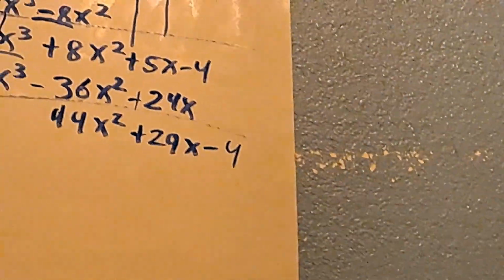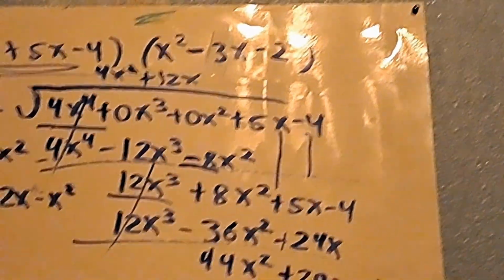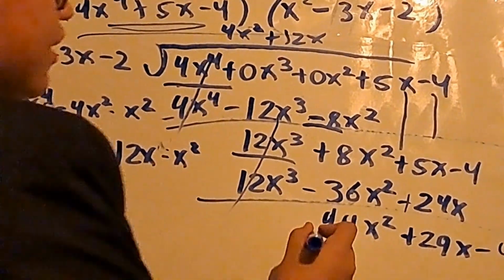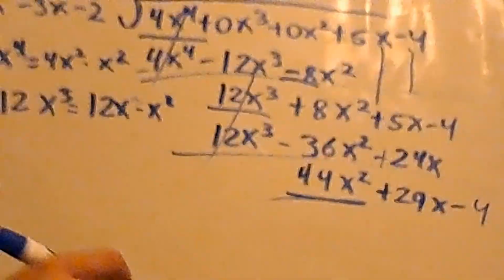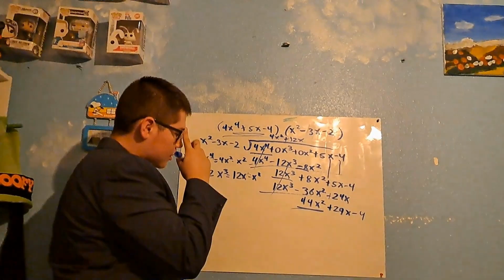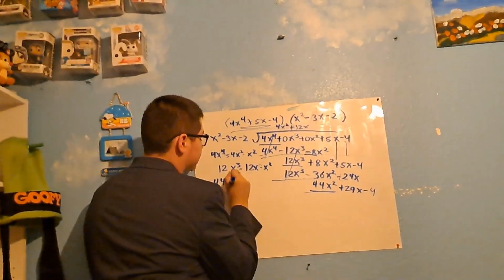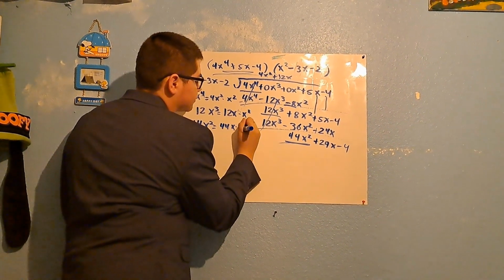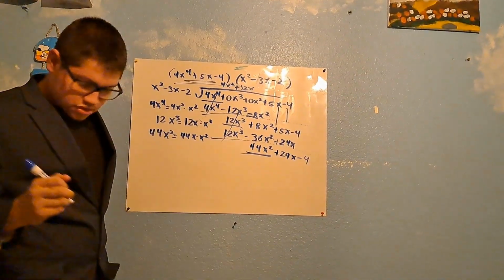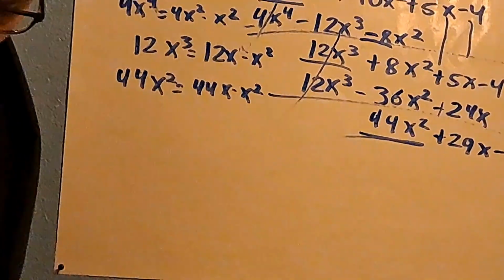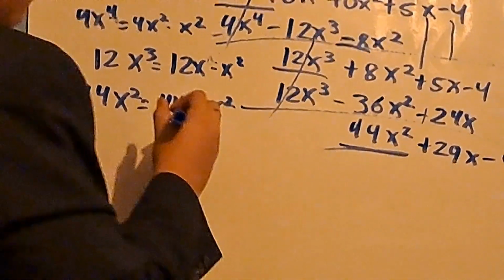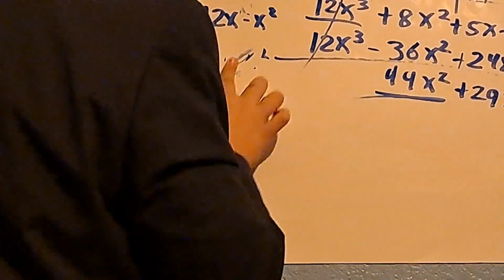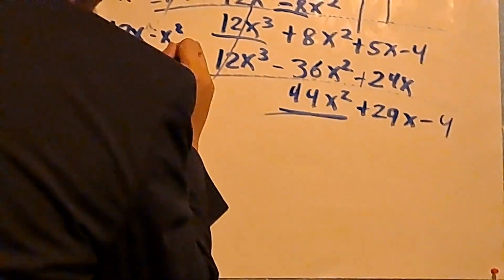So once we get this, we know that there's only a few more steps to solving this. Now we would have to break down 44x squared. 44x squared can be broken down to 44 times x squared.